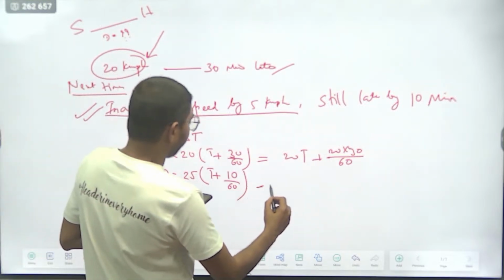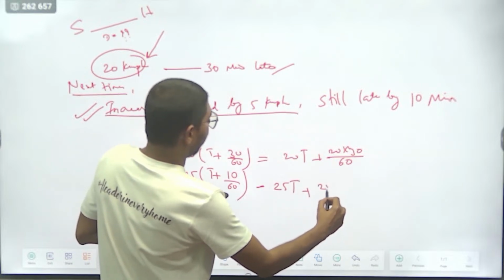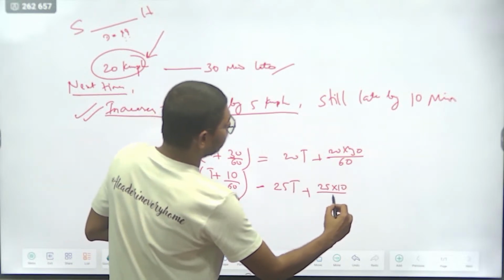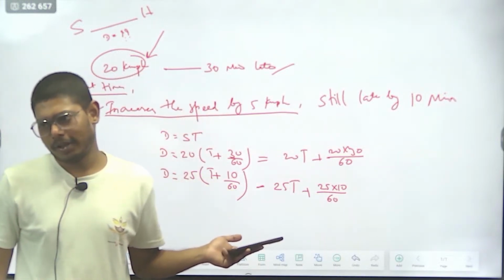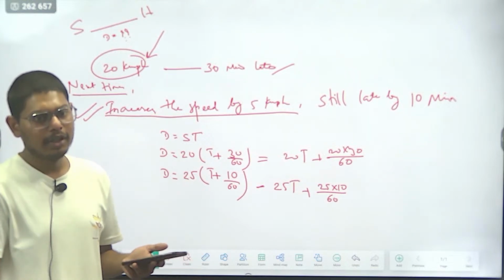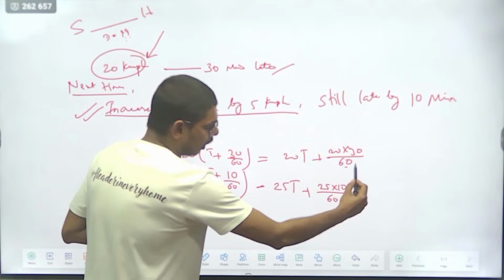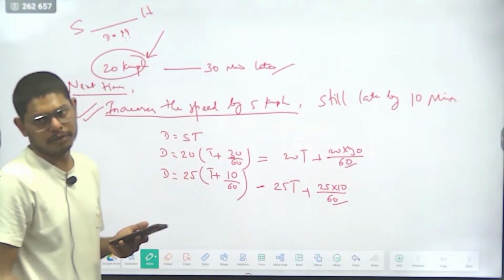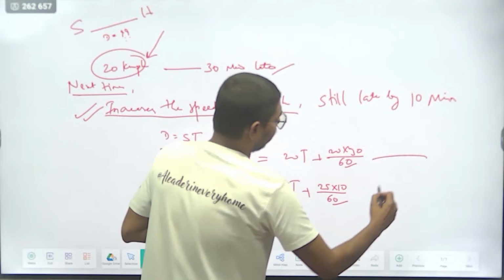And over here, this is 25t plus 25 into 10 by 60, okay? I do not want to solve it over here, because when we go ahead we'll have to solve it anyway, and we have the same denominator, it's easy for us to work out with the numbers, right? Okay?